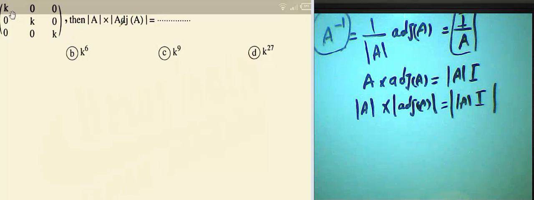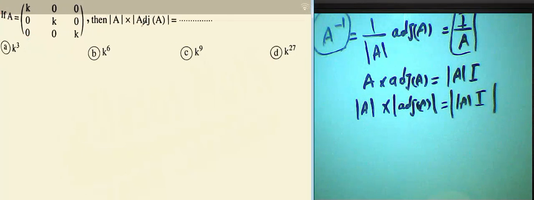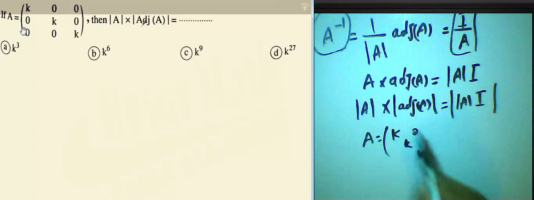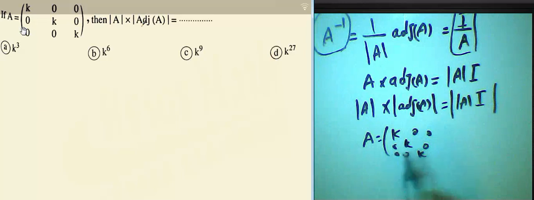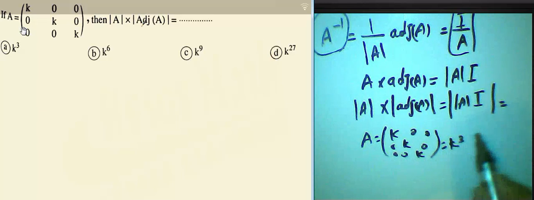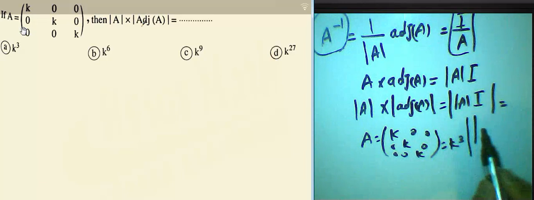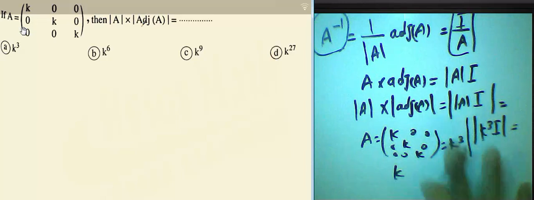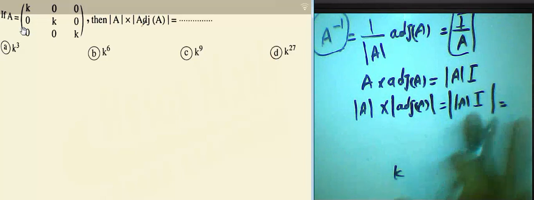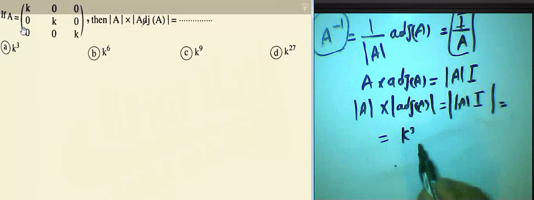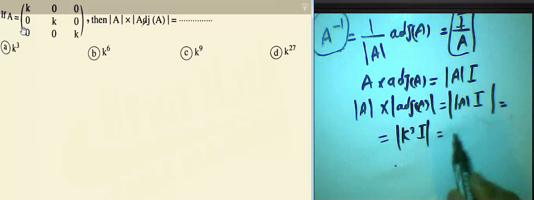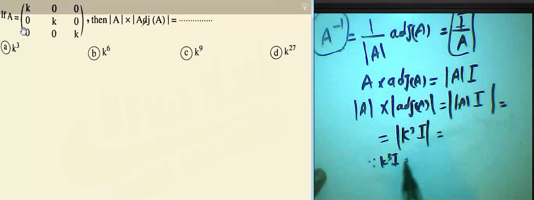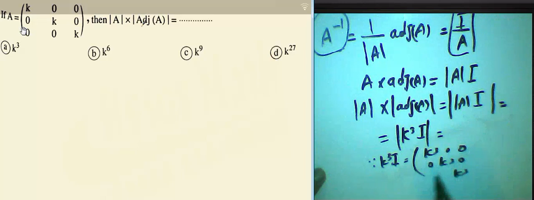We know the matrix A has k on the diagonal and 0 elsewhere, and the determinant will be k to the power 3. Then we complete it: the determinant of k cubed times I. Then k cubed times I means k cubed, k cubed, k cubed on the diagonal and 0 elsewhere.